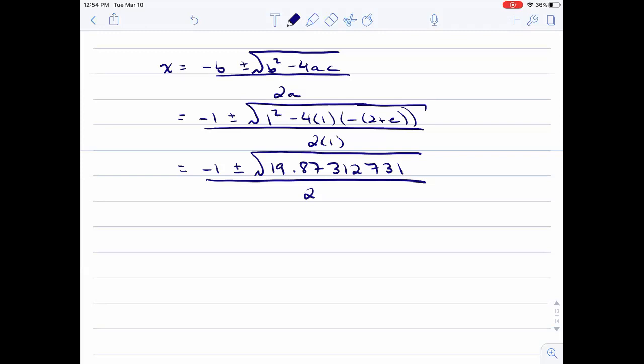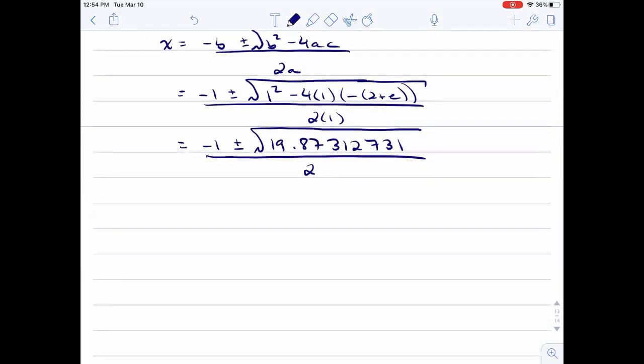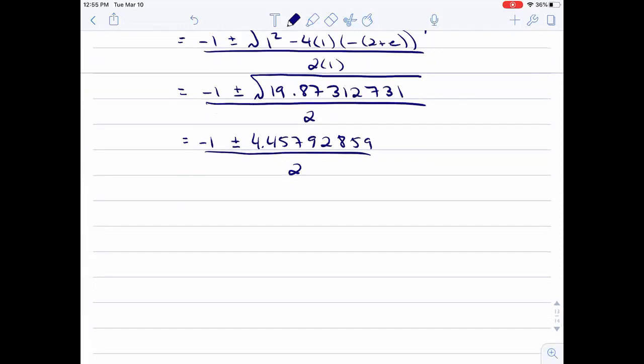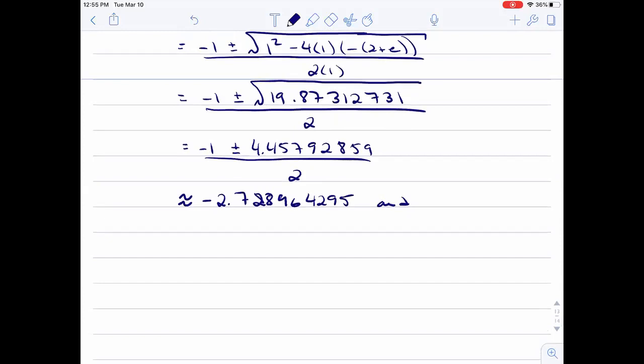And then if I take the square root of that, I get negative 1 plus or minus 4.45792859 divided by 2. So I get negative 1 minus that guy divided by 2. Roughly approximations here because I'm already approximating: negative 2.728964295.